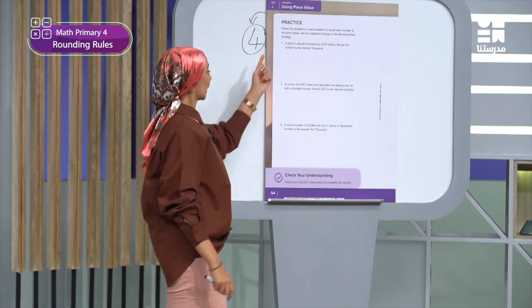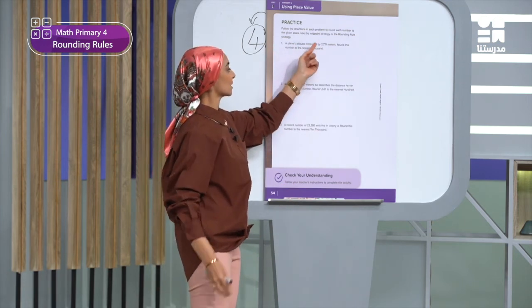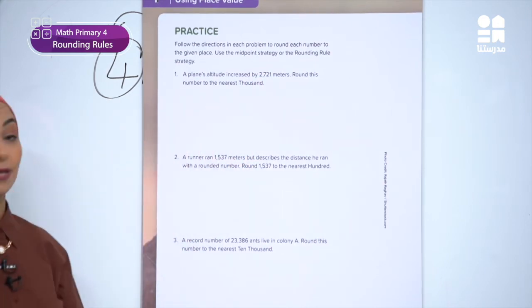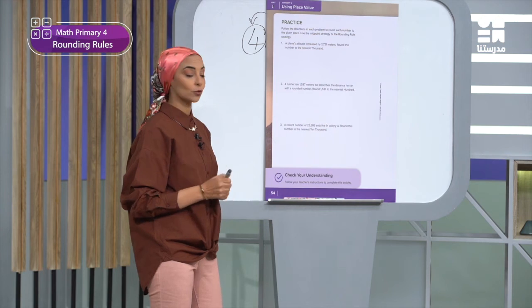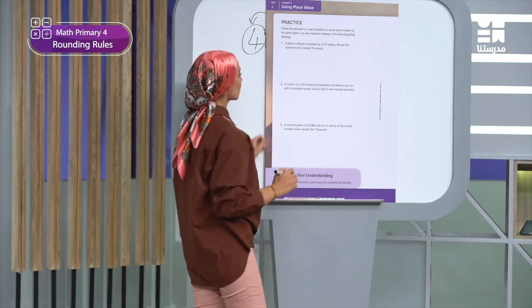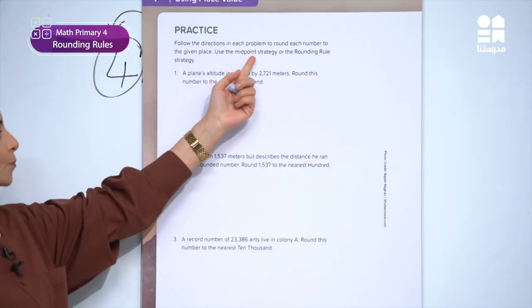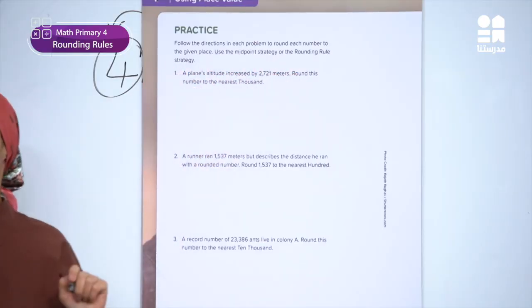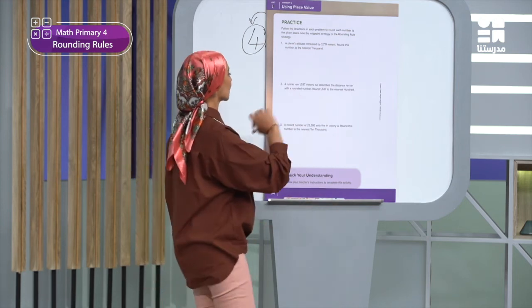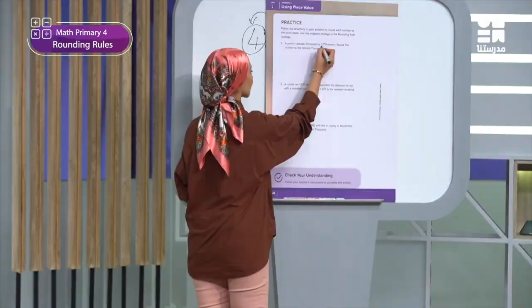Here, number 1, a plane's altitude increased by 2,721 meters. Round this number to the nearest thousand. Let's do it all together. So, what should I do? Yes, here you want me to use the midpoint strategy or rounding rule, whichever you want. To the nearest thousand, so I will circle the thousand.